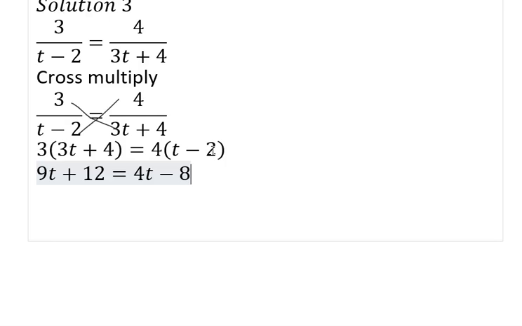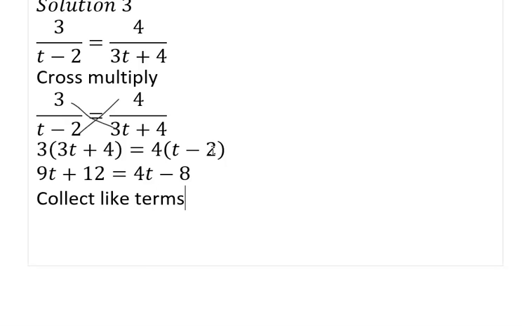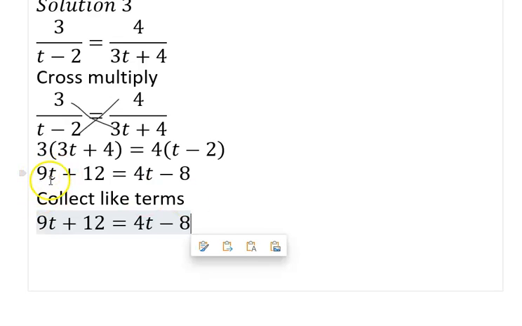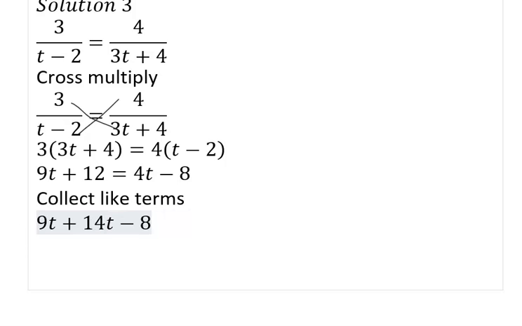So let's collect like terms. Use the like terms to bring them together. Okay, we have 9t here. If this 4t is crossing this equality sign to come and meet this 9t, that means the sign will change to minus.